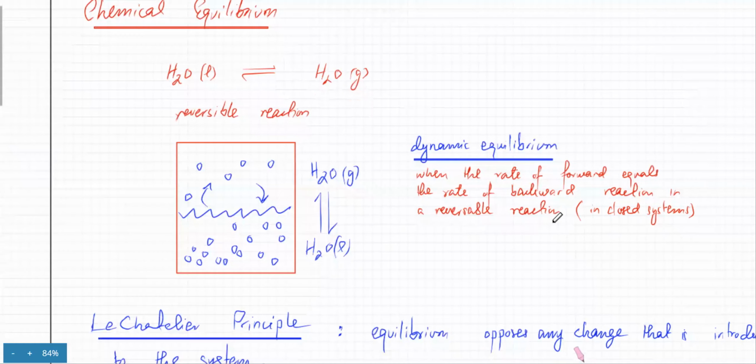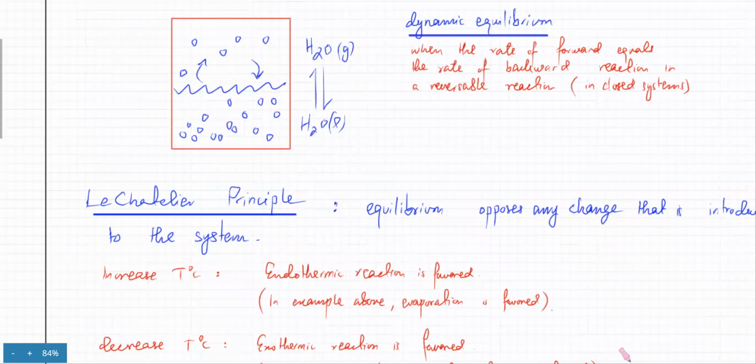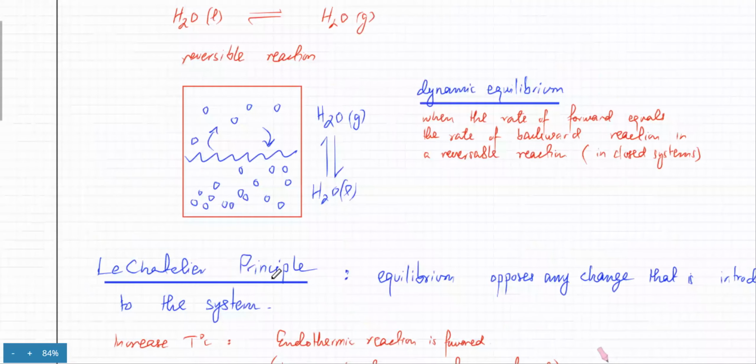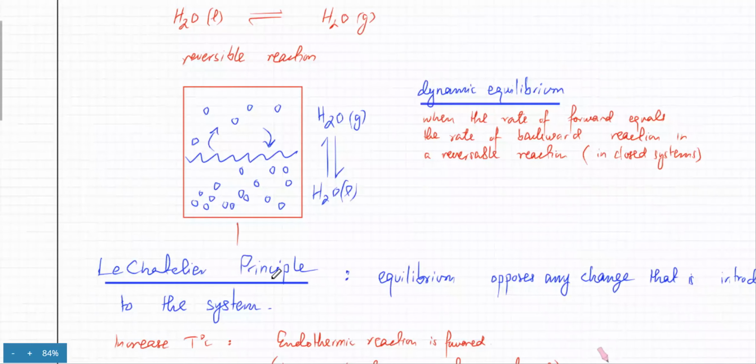And then we started studying the Le Chatelier principle, and we studied the first rule, which is if I start increasing temperature, then in this equilibrium, if I start heating this up, I put it on a stove, and I start heating this container that has liquid water, then obviously more water molecules are going to evaporate. So the rule is if you increase temperature, endothermic reactions are going to speed up because they need energy.